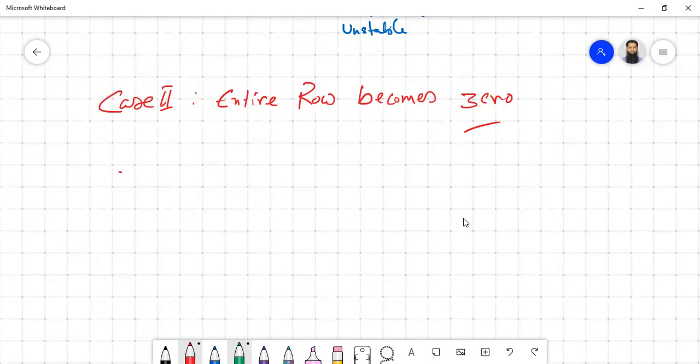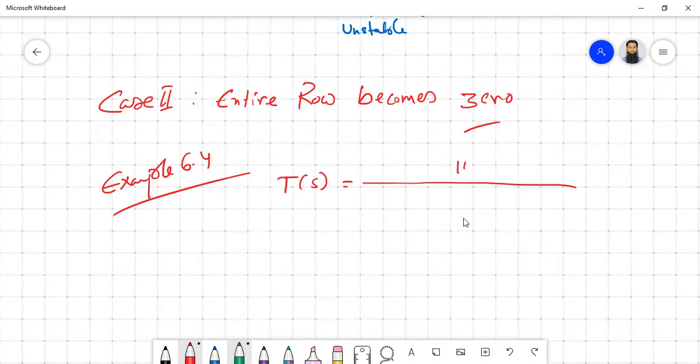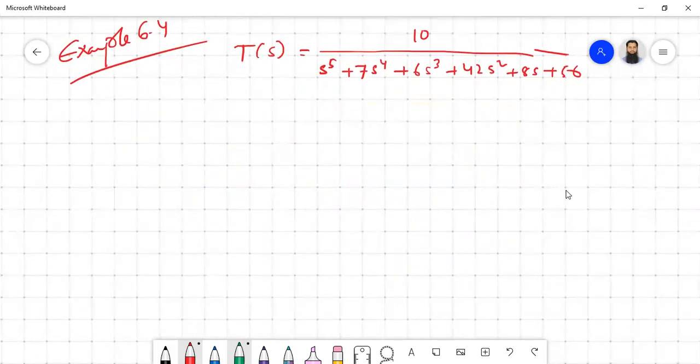So example 6.4. The closed loop transfer function is provided: 10 divided by s to the power 5 plus 7 s to the power 4 plus 6 s cubed plus 42 s squared plus 8s plus 56. So again, a fifth order equation.